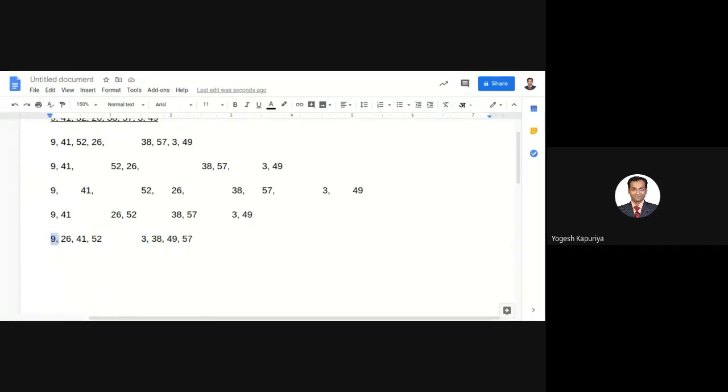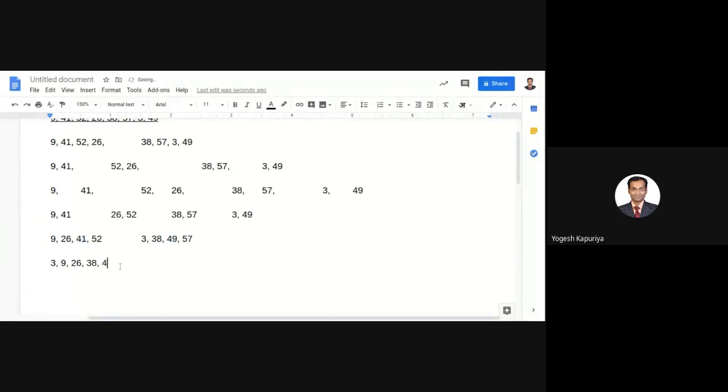So what you will do, 9 will be compared with 3. Smaller is 3. Next, 9 is compared with 38. Smaller is 9. Next, 26 will be compared with 38. Smaller is 26. Next, 38 will be compared with 41. Smaller is 38. 41 will be compared with 49.